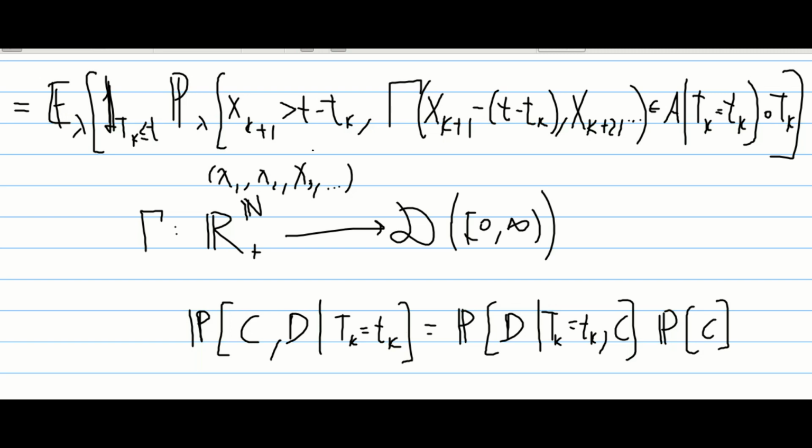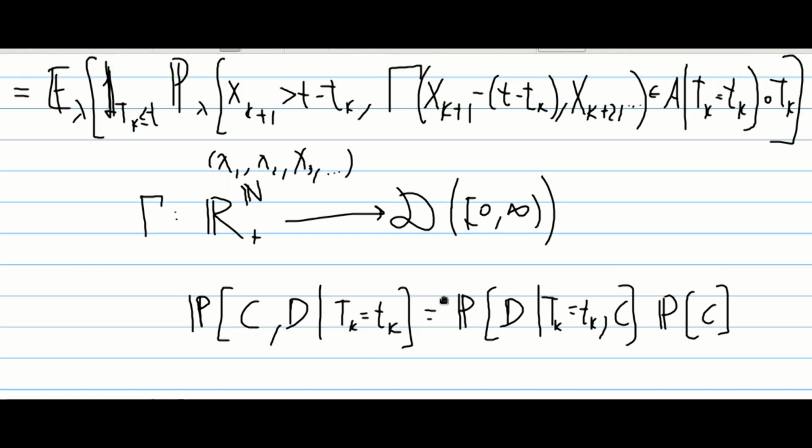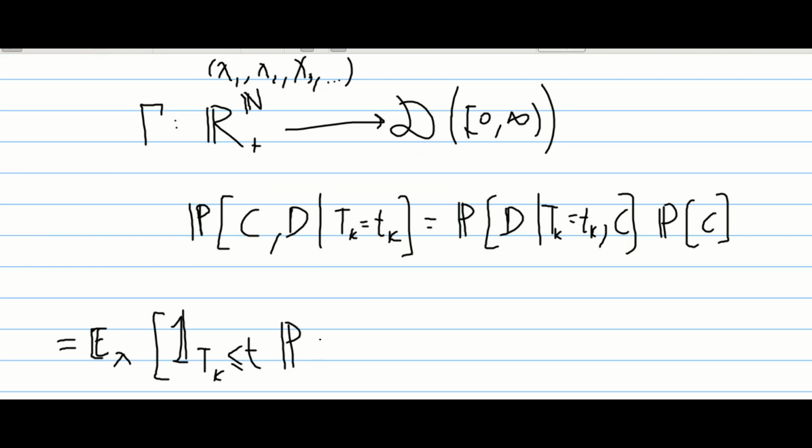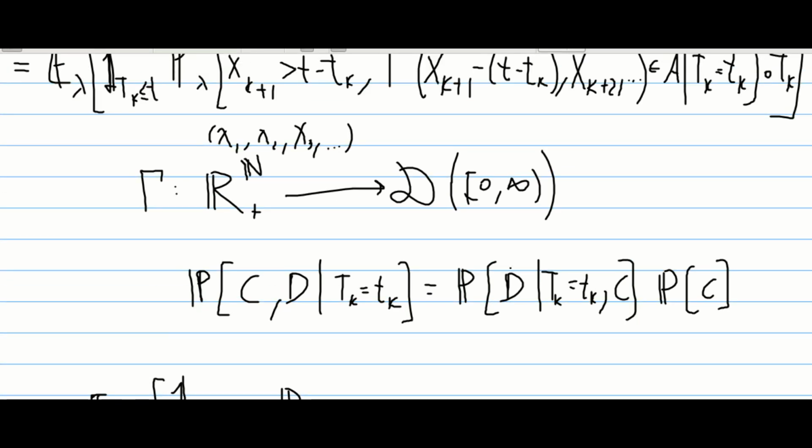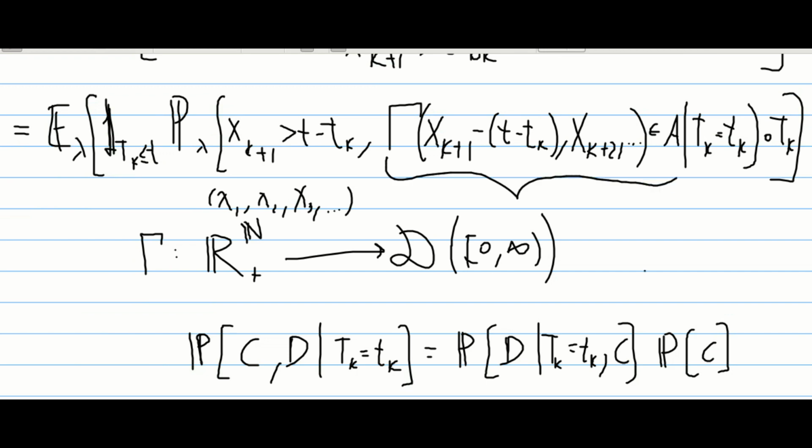Okay, so we have this equation, and here we have exactly that. So I'm going to write here the probability of D. Let's look at what D is. This is exactly this thing here. And you see that it's conditioned that Tk equals little tk, and conditioned that the time of the next arrival is bigger than something. This random variable has exponential distribution because the exponential distribution has no memory. So given that this is larger than something, this minus this something is still an exponential random variable.